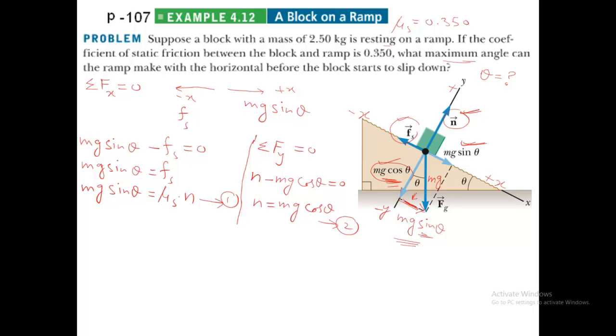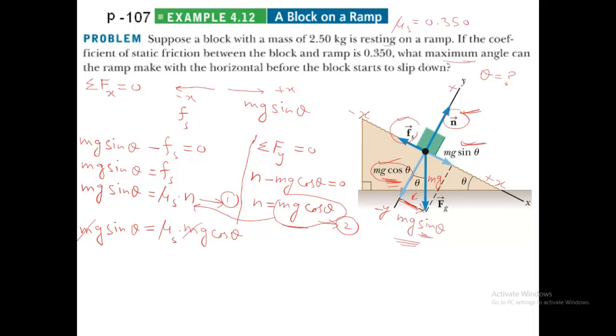You see, what is this? This is n. What is its value? mg cosine theta. I would take this value of n over here, and I would write mu s, static coefficient of friction, n, this value mg cosine theta. This is equal to mg sine theta.